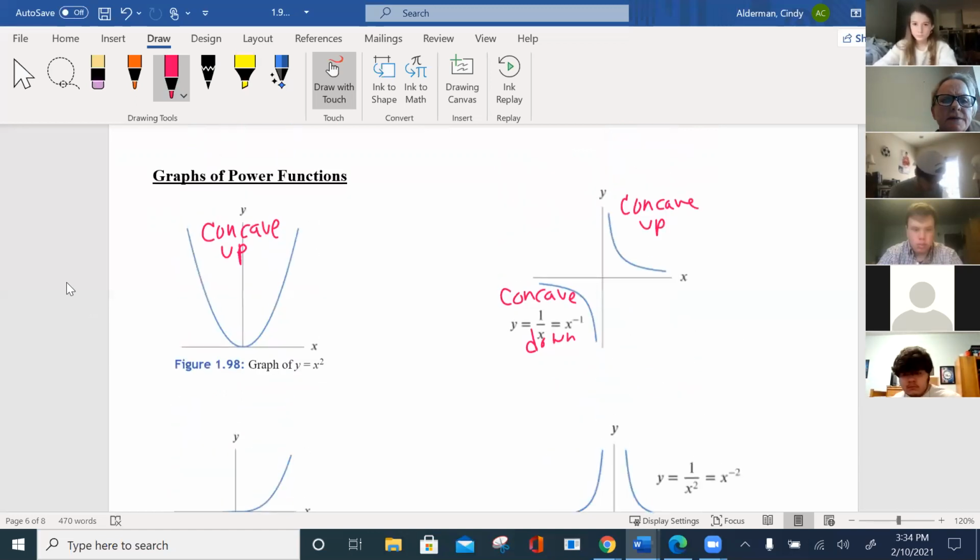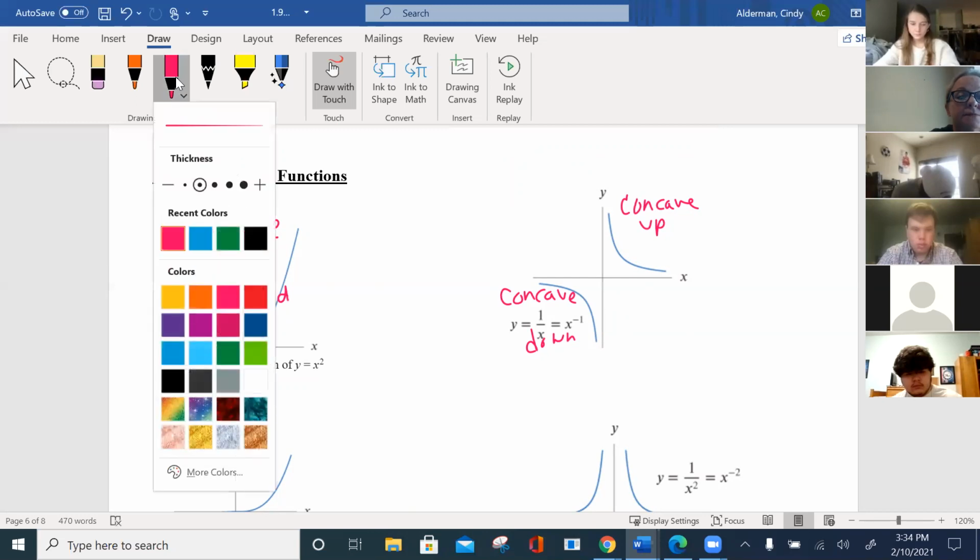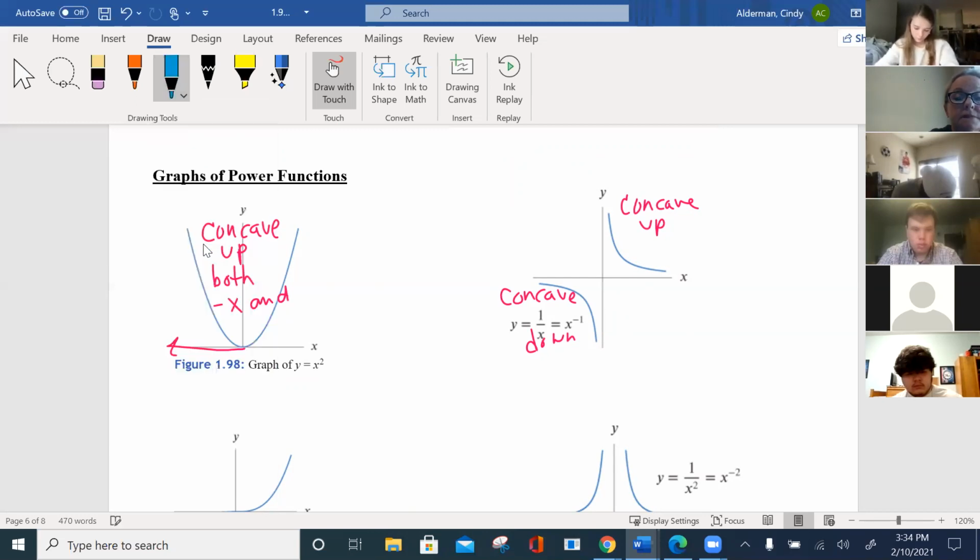And while we're talking about concave up in the first one, it's concave up for both negative x, which would be the left side, and positive x, which would be the right side of the graph. So the quadratic is concave up over the whole thing.